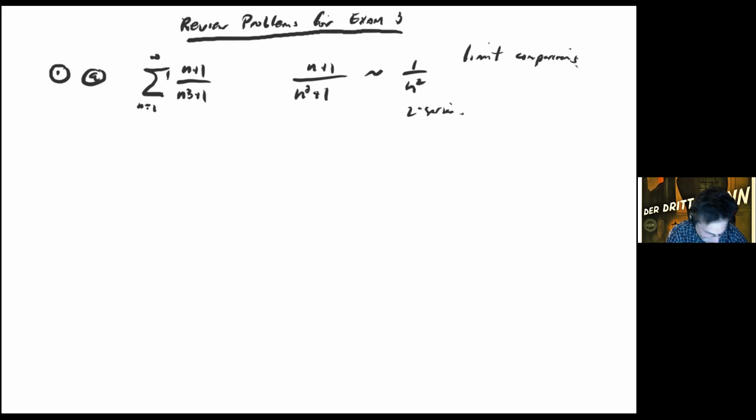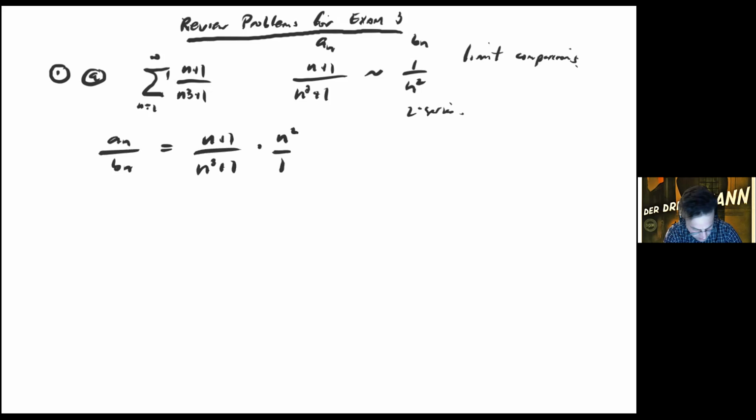So let's do the limit comparison test. If this is a sub n and this is b sub n, then a sub n over b sub n is given by n plus 1 over n cubed plus 1 times the reciprocal of b sub n, which is n squared over 1. And this becomes n cubed plus n squared over n cubed plus 1.